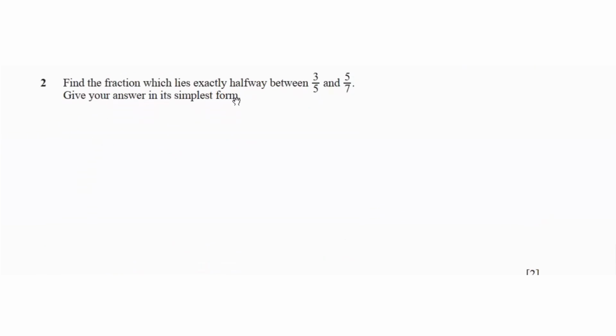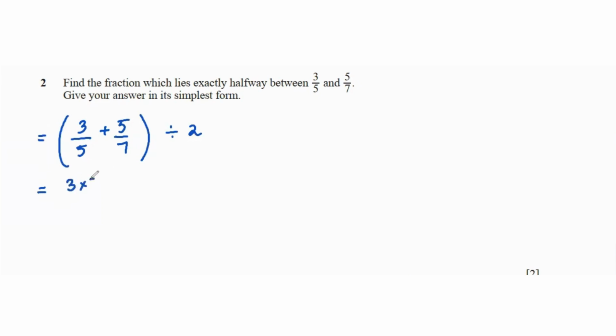Find the fraction which lies exactly between 3 over 5 and 5 over 7. So that means we're going to first add 3 over 5 and 5 over 7 and then divide the result by 2. To add these two fractions, we have unlike denominators, so we need to make the denominators equal.